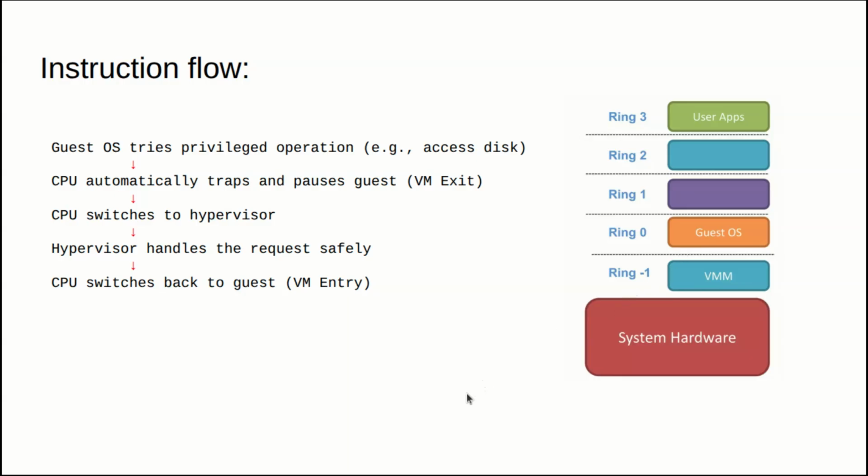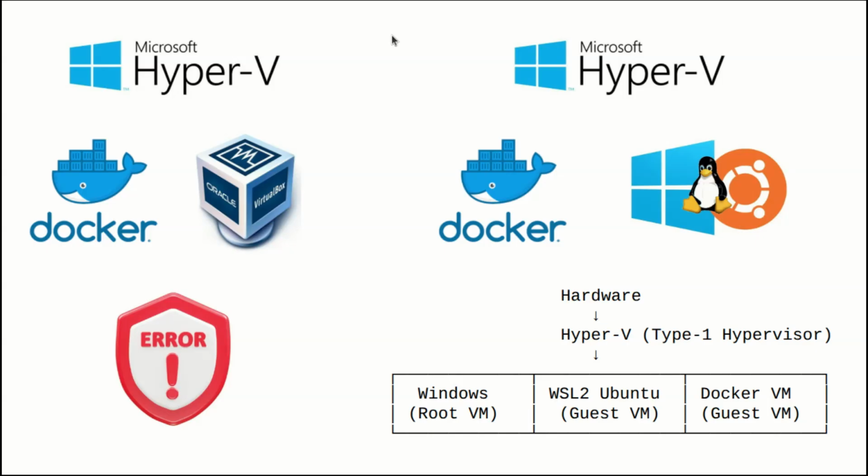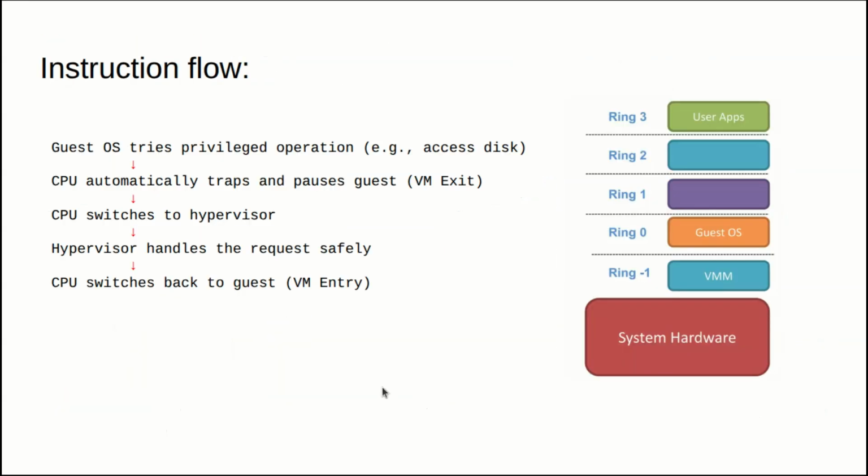Now, there are a few more things. The job of the hypervisor is to make sure that on a physical system there will not be just one virtual machine; there might be many virtual machines running.